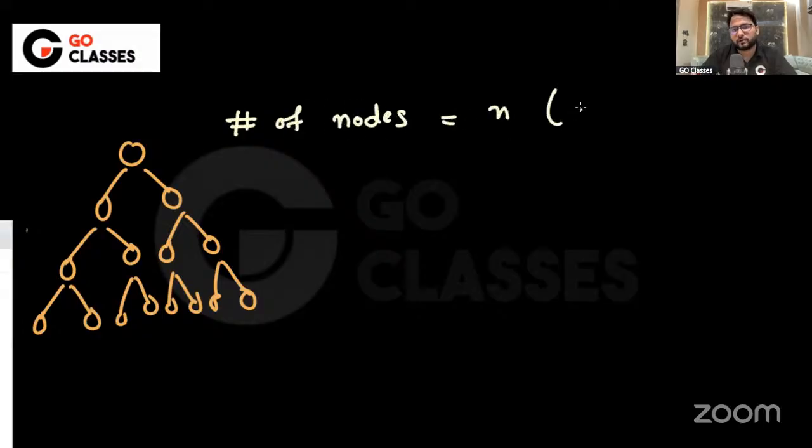Let's suppose n. Okay, this is a perfect tree. Now, if this is given to you, and suppose I ask you the same thing, which is the number of leaf nodes, how many leaf nodes will there be?